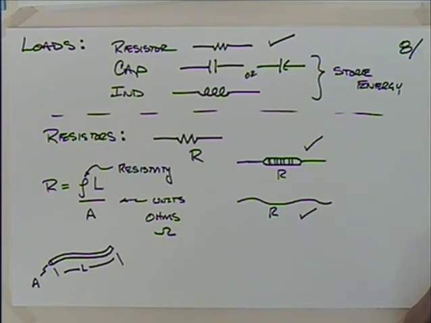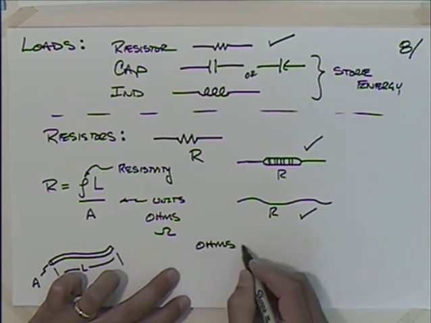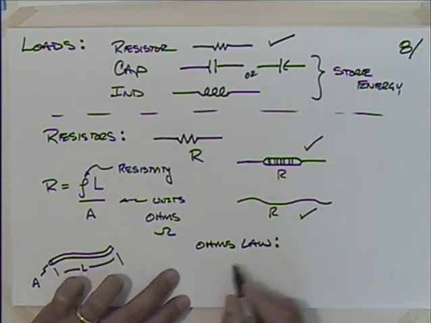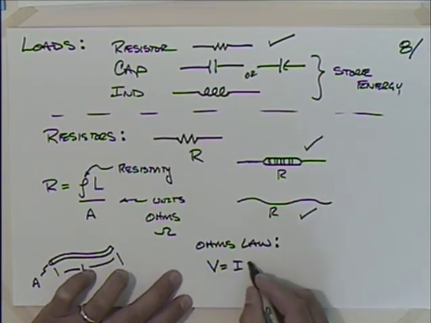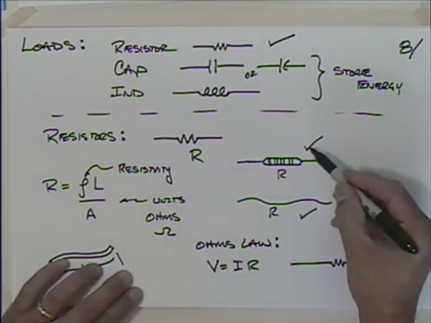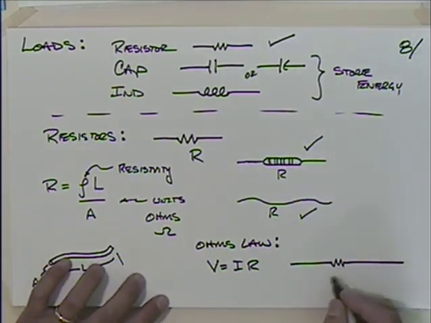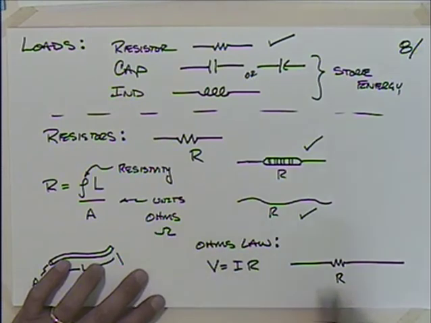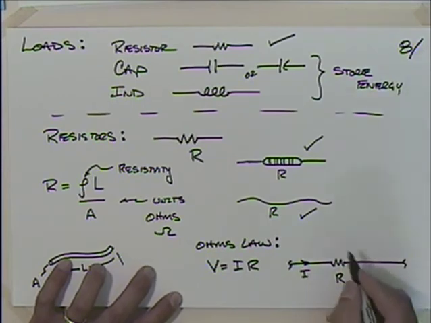Let's see. We've got ohms, so we probably want Ohm's law, right? With Ohm's law, we have that the voltage V is equal to the current I times the resistance R. So if I take this resistor, whether that's a purposely placed resistor or whether that's some inadvertent losses, and it has some value R in ohms, and I have some current I going through this, so I've just taken a section of a circuit here, I've got some current I going through there, it's going to produce a voltage drop across here.